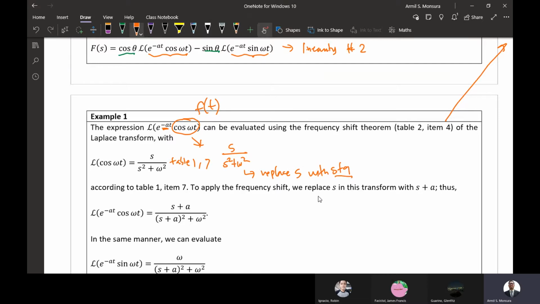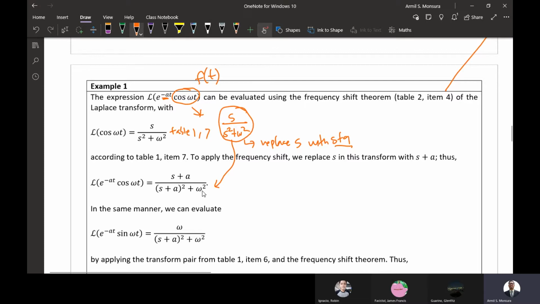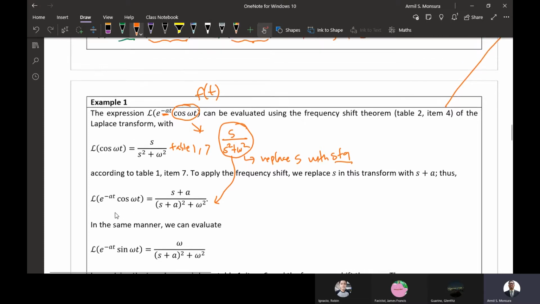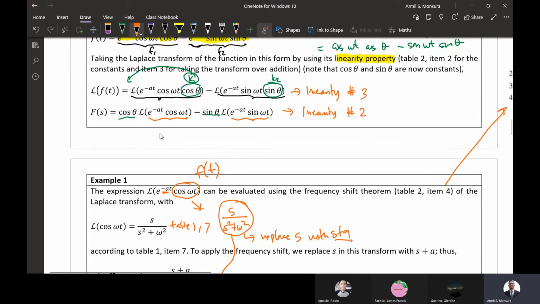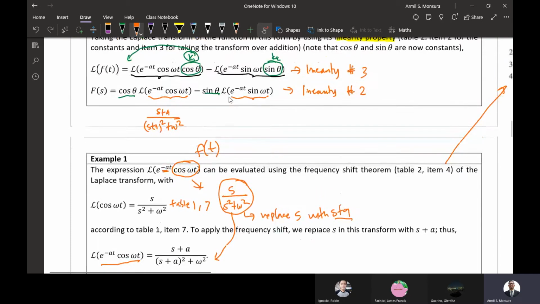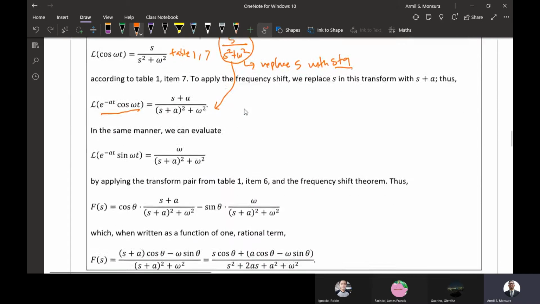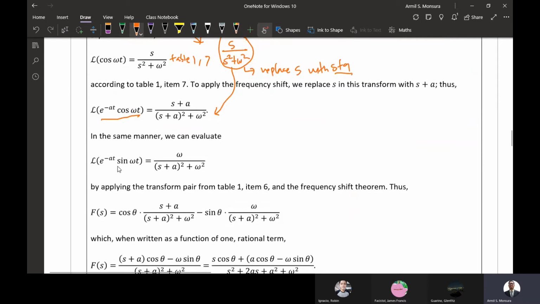Okay? So, ayun. Ngayon, kapag pinalitan nyo yung s ng s plus a, itong mga s na to, with s plus a, ito na yung lalabas sa kanya ngayon. Magiging s plus a over s plus a squared plus omega squared na siya. So, yun na yung Laplace transform ngayon nung first term niya. Okay? Then, in the same manner, pwede nyo siyang gawin dito.